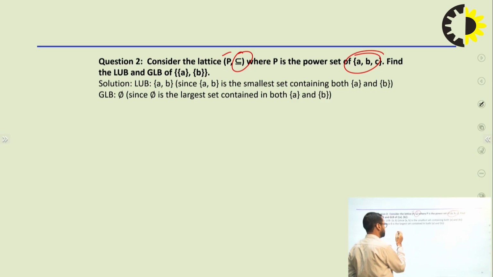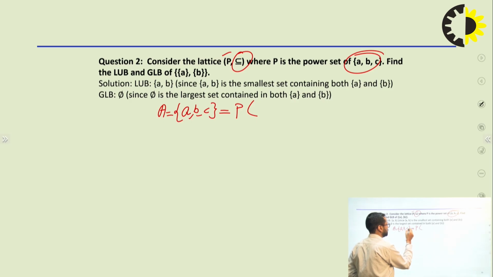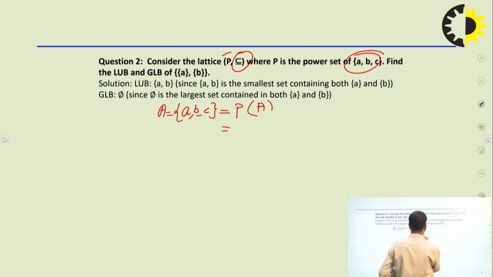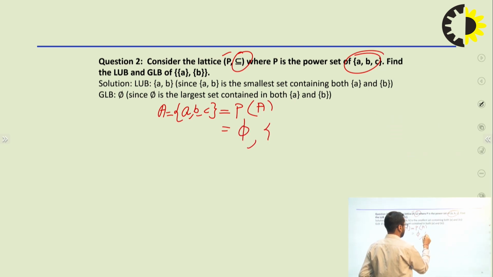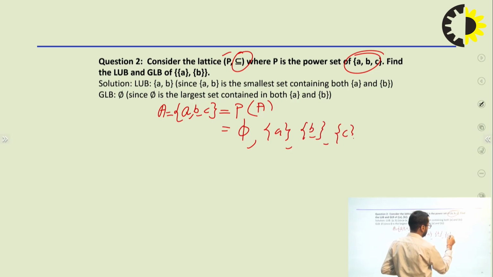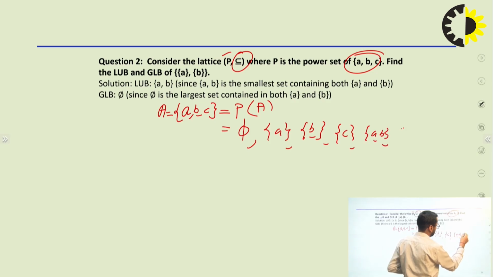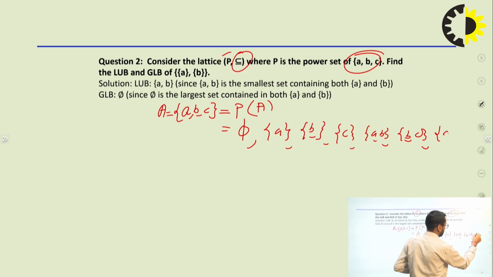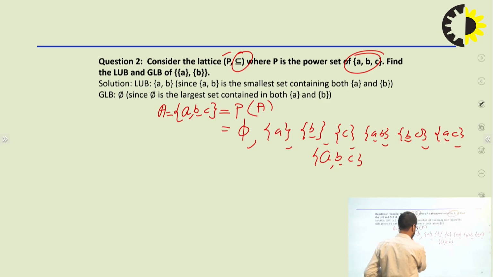For the elements A, B and C, the power set P will be phi, A, B, C, A comma B, B comma C, A comma C, A, B, C. These are the elements of the power set.